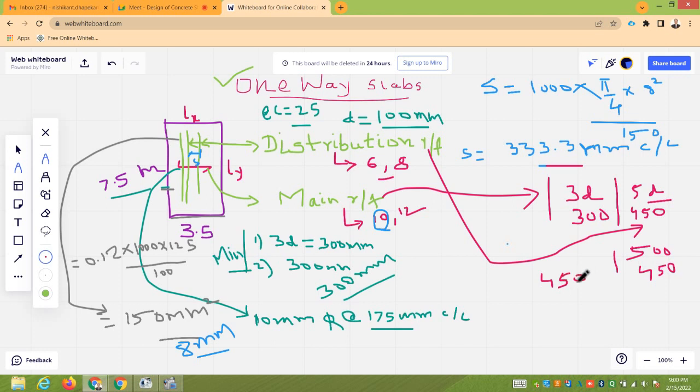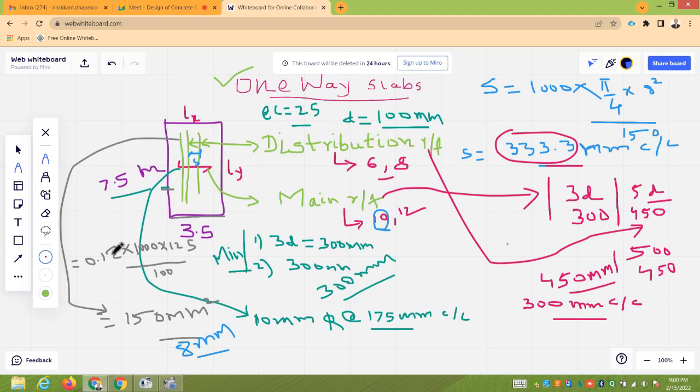You can at the most provide 450 mm. But our calculated value is more than allowed by the code, so you have to provide the spacing as 300 mm center to center.